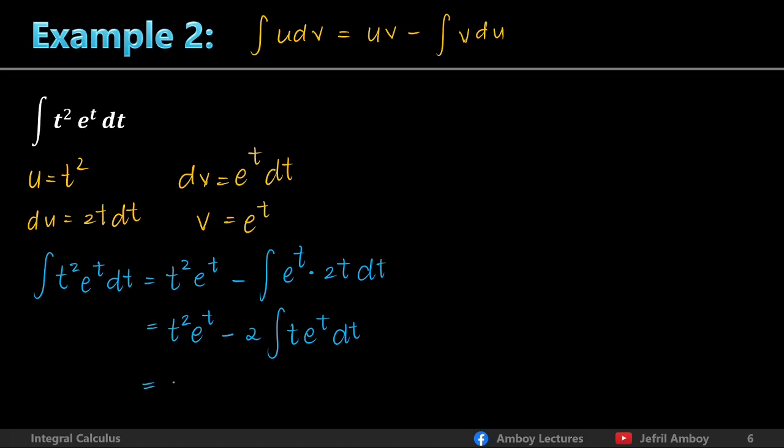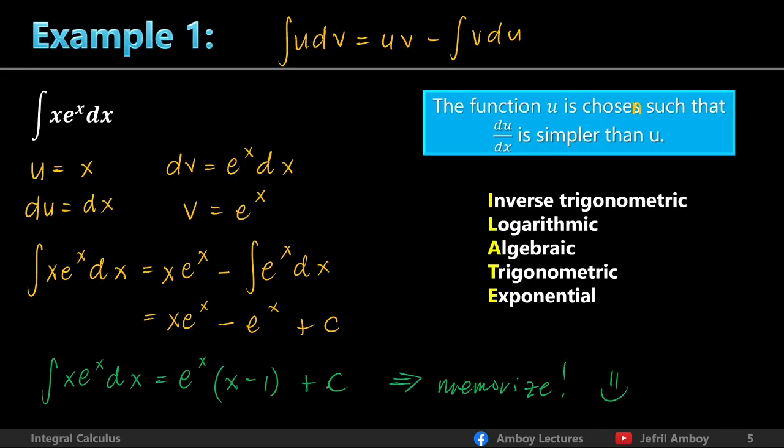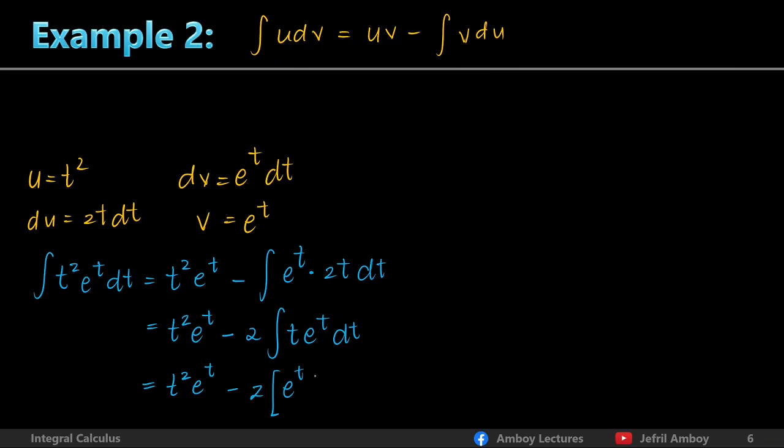So if you recall, the integral of t e to the t dt, which is the same as the integral of x e to the x dx, ano ba yon? Balik natin sa kanina. Yan. E raised to x times x minus 1. So, yung x papalitan lang natin ng t. E raised to t times t minus 1, of course, plus the constant of integration.